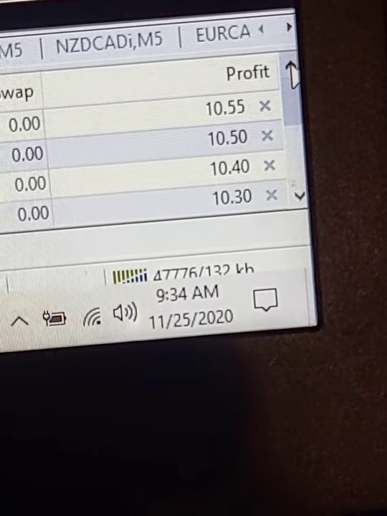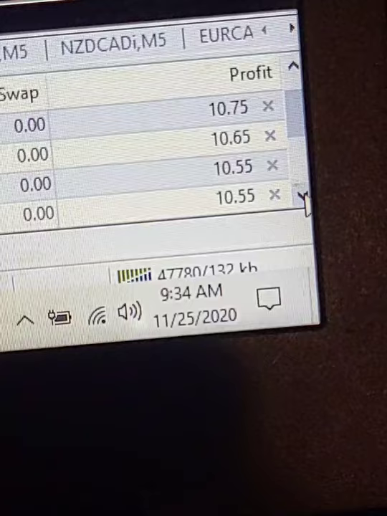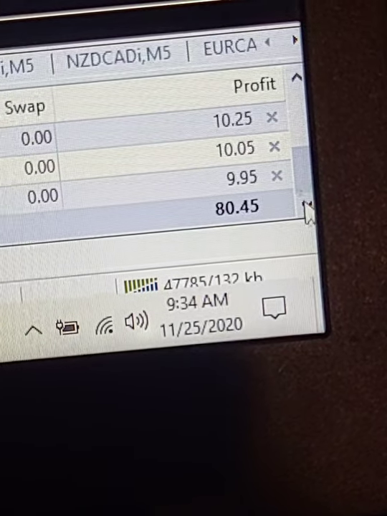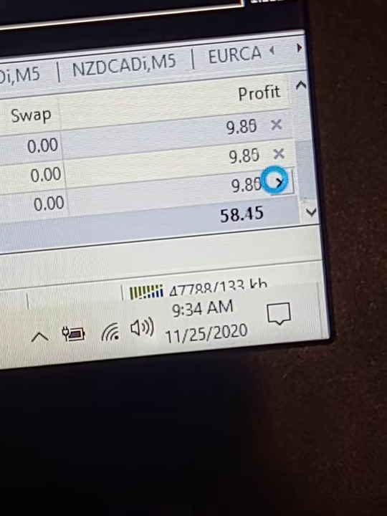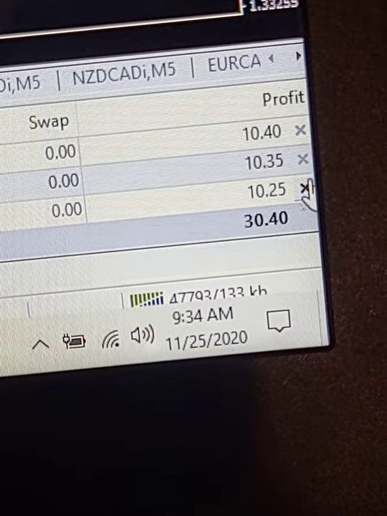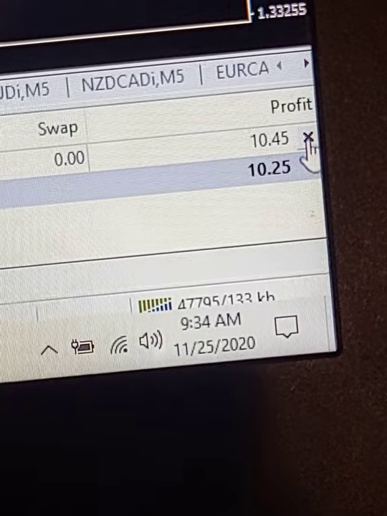Look at that. Every one of these 50-cent pairs is at $10 apiece. So guess what? That's a bill right there. Let's take this money. $9, $9, $9, $10, $10, another $10, another $10, and one more $10.